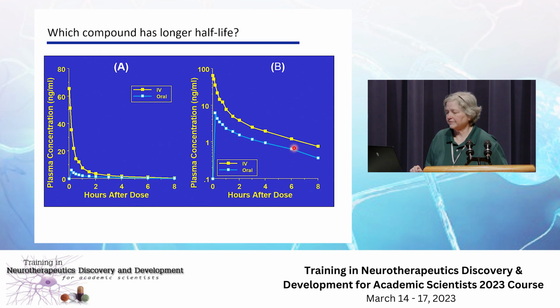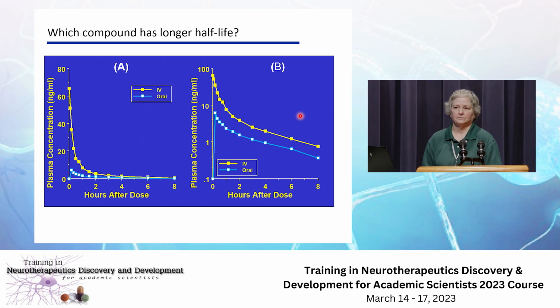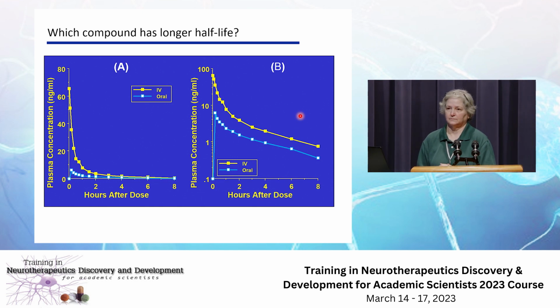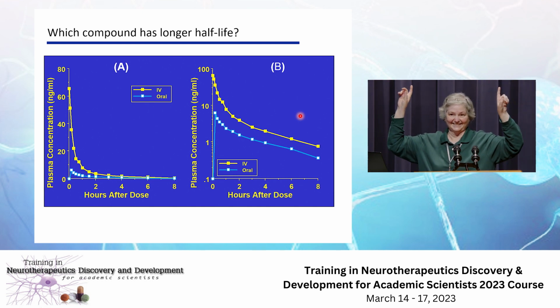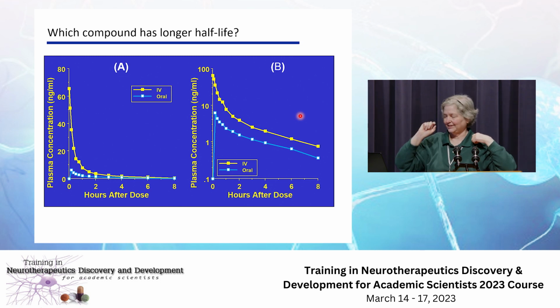So here are two graphs. Which compound has the longer half-life? Who votes for A? Who votes for B? Who thinks that I'm giving this as a trick question? All the faculty, they all know the answer.